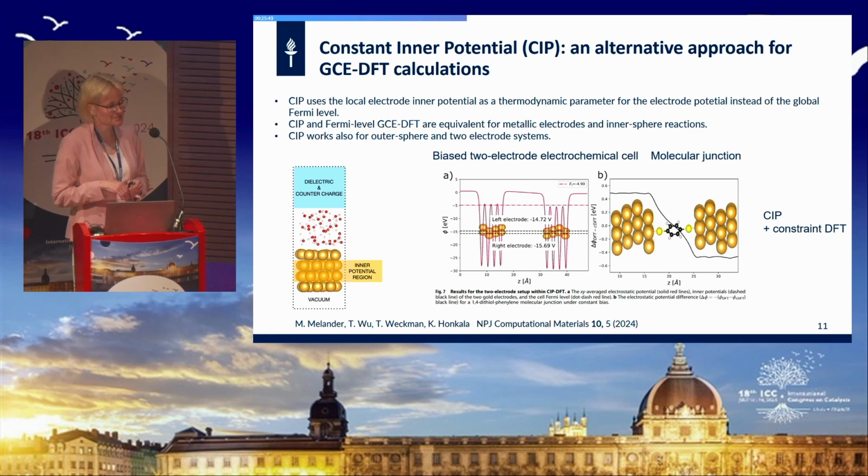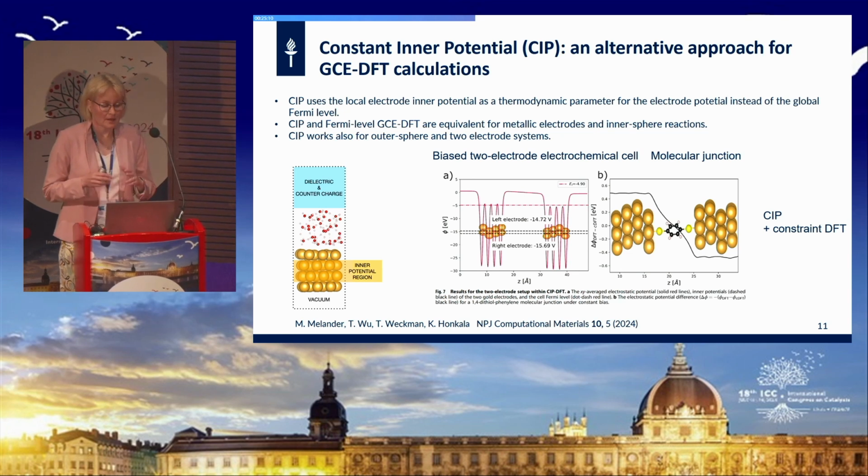And it has certain advantages. The SIP method and the Fermi level constant potential DFT method are equivalent for metal systems and inner sphere reactions. But the SIP approach works also for outer sphere reactions and the two-electrode system. And I have an example here about the two-electrode system and the molecular junction between the electrodes.